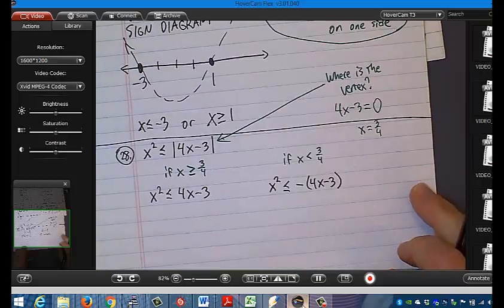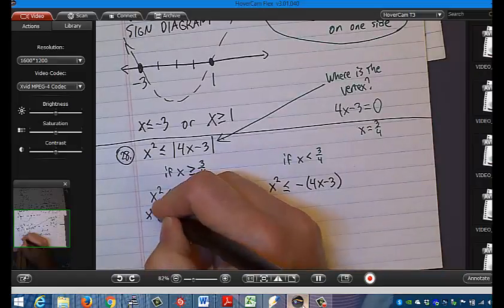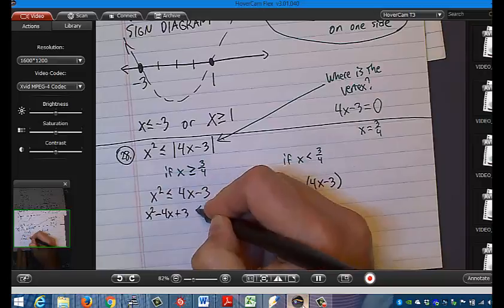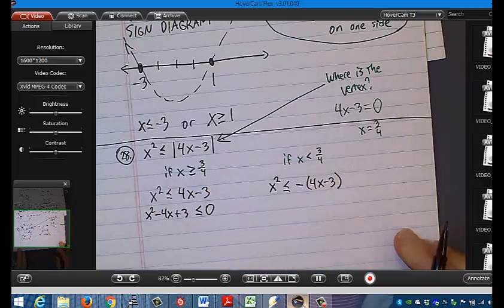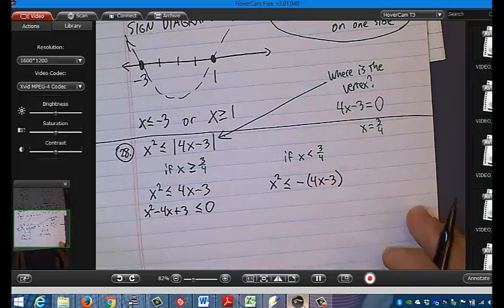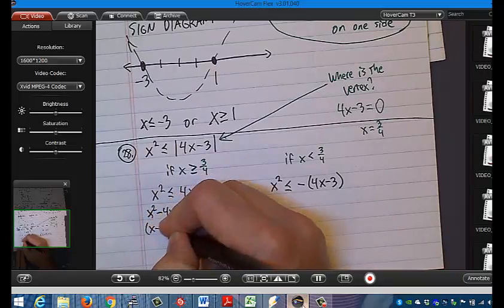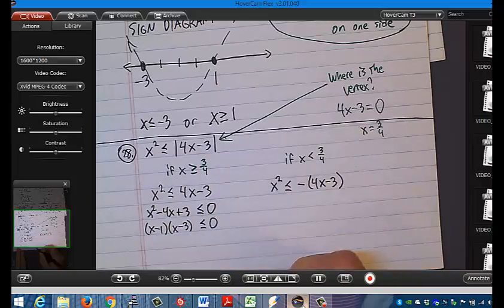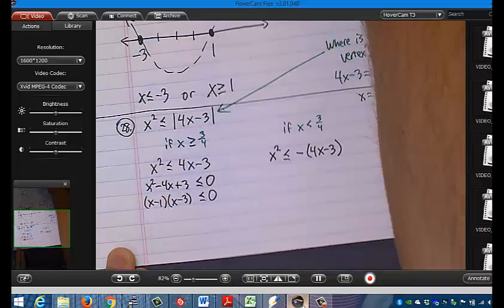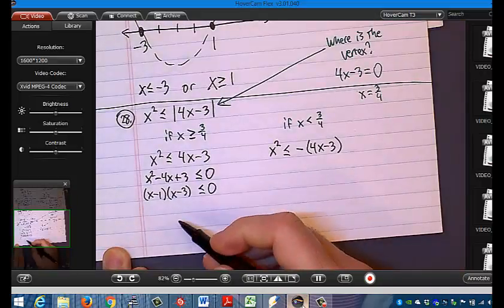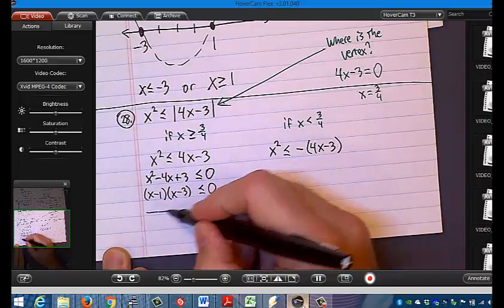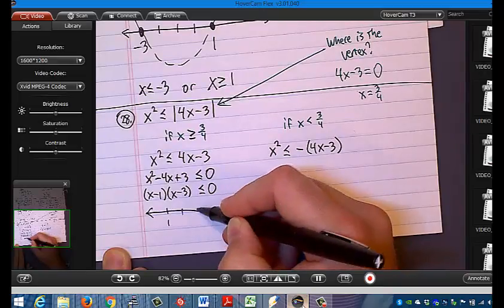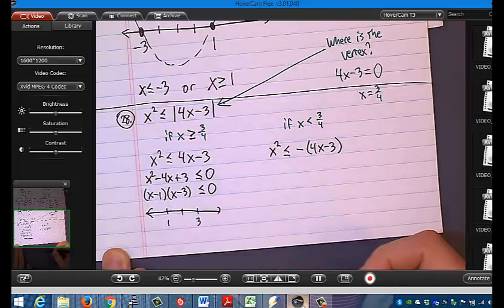So let's see. x squared minus 4x plus 3 is less than or equal to 0. Oh, okay, that one actually factors. x minus 1 times x minus 3 is less than or equal to 0. Hey guys, where are the zeros of this thing? Yeah, let me use a sign diagram for just kind of kicks here. 1, 3. Is this parabola opening upward or downward?